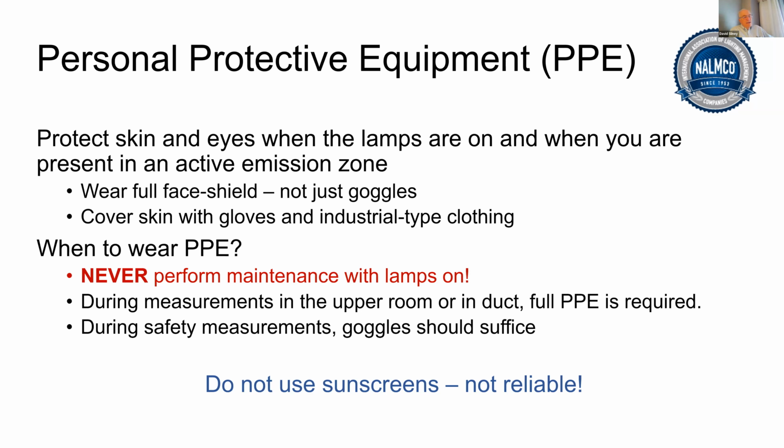And you need to wear PPE when lamps are on. But again, read what we have in red there. Never perform maintenance with the lamps on. But in any case, during measurements in the upper room or in a duct, full PPE is required. And during safety measurements, goggles may suffice.